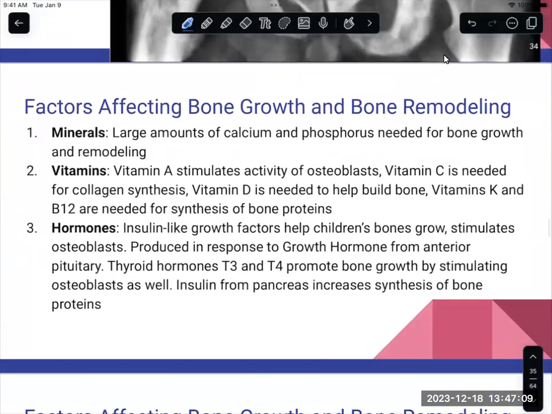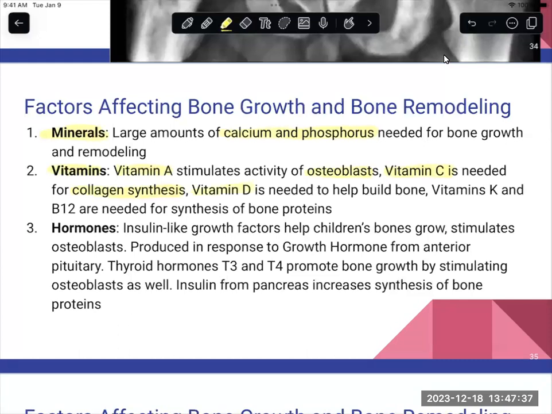So I mentioned a few things that are going to affect your bone growth, like exercise versus a sedentary lifestyle. Well, minerals. We need a lot of calcium and phosphorus for your bones to grow and be remodeled. We need vitamins. Vitamin A stimulates that osteoblast activity. Vitamin C is used for collagen.